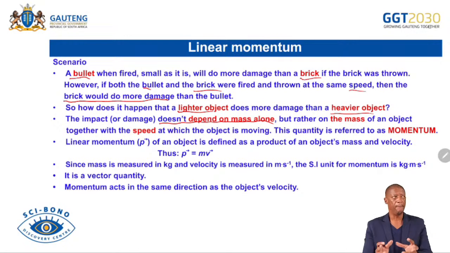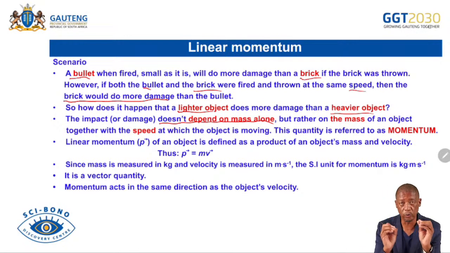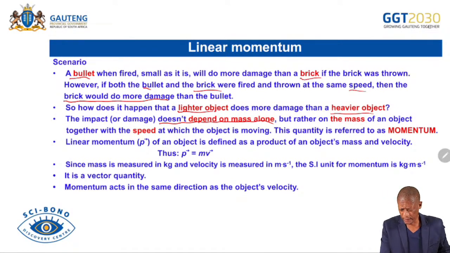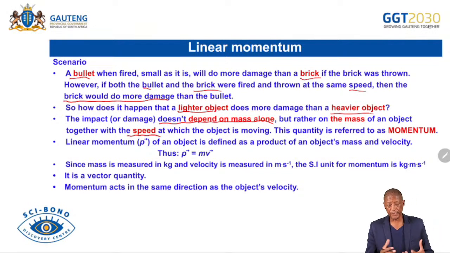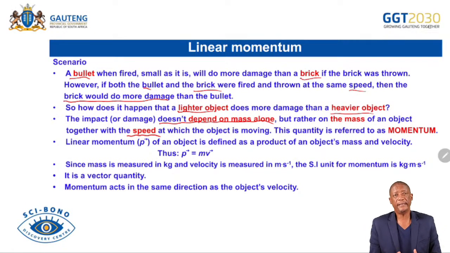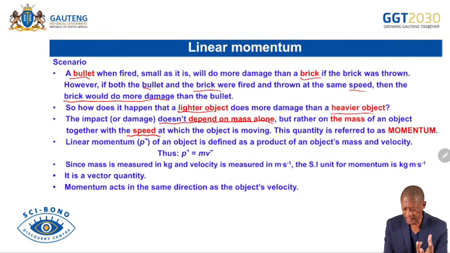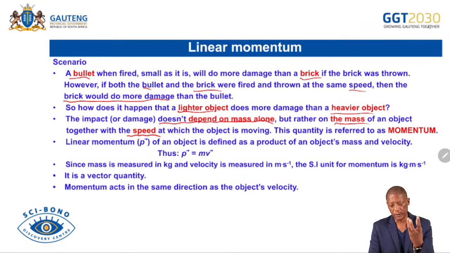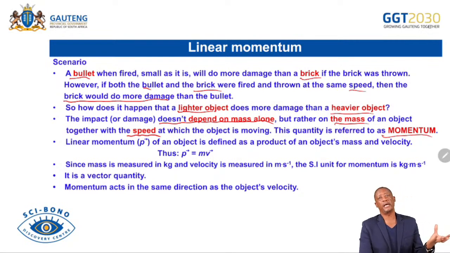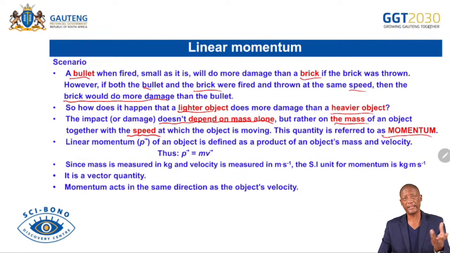Yes, the mass is there, but it does not depend on the mass alone. It should depend on what? On the speed. So, the speed is the one that causes it. Now, therefore, the two, the mass and the speed, if you multiply them, they'll give you what? The momentum. Remember, we are saying the mass and the velocity are the product of momentum.